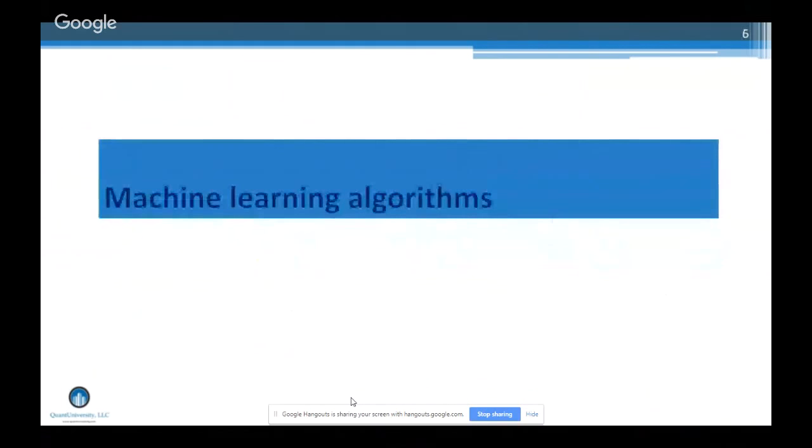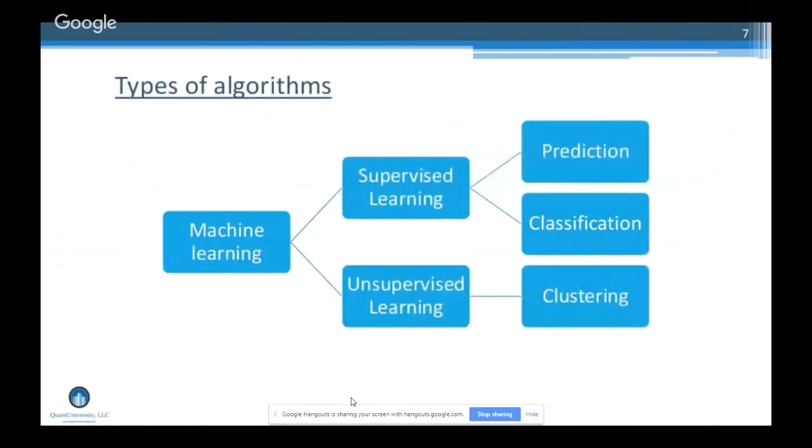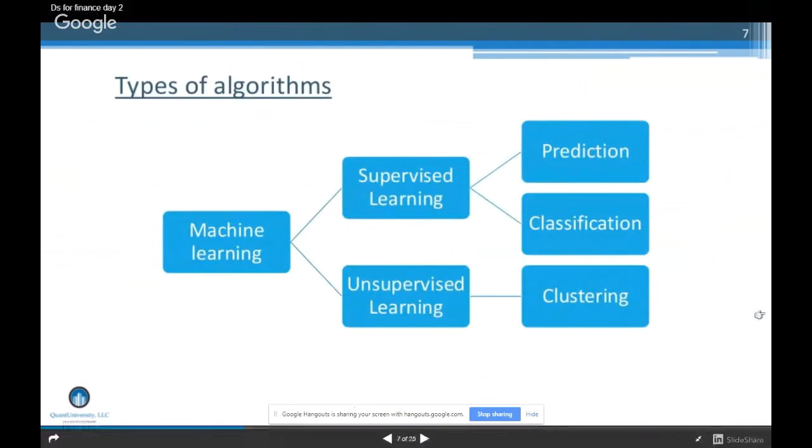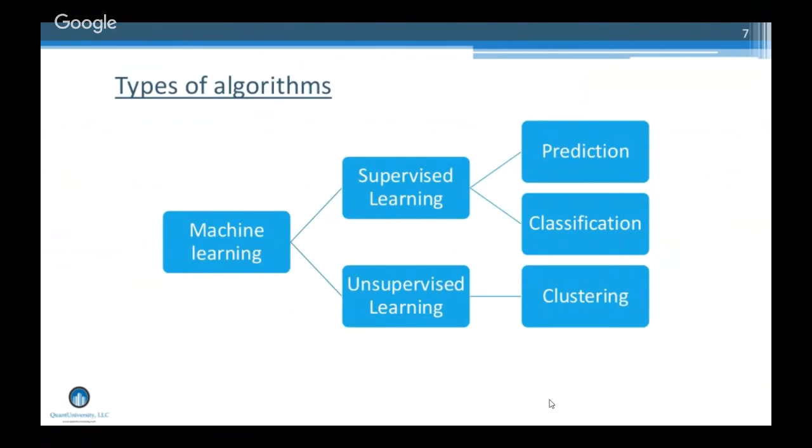Okay, so let's start by reviewing some of the machine learning models out there. For the sake of what we are going to be doing, I'm not going to deal with all the machine learning models out there. We're just going to restrict ourselves to a family of models which we're going to be dealing with. Primarily, there are 2 types of models you'll be dealing with in machine learning.